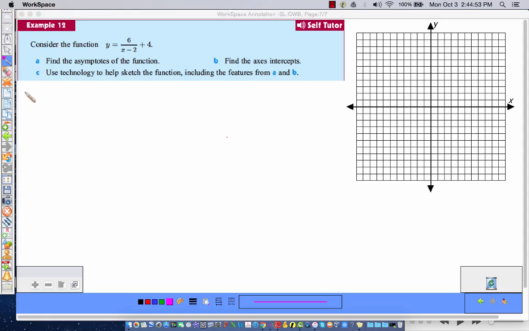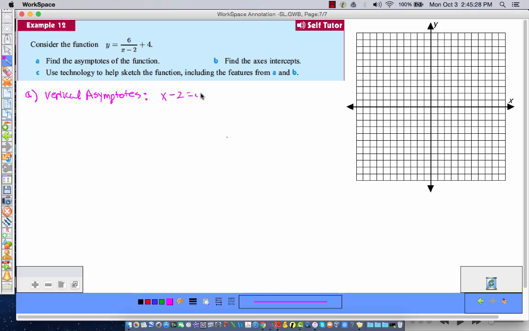So first, find the asymptotes of this function, y equals 6 over x minus 2 plus 4. The vertical asymptote is going to occur when the denominator of a rational function is equal to 0, because then we would have division by 0, which is not possible.